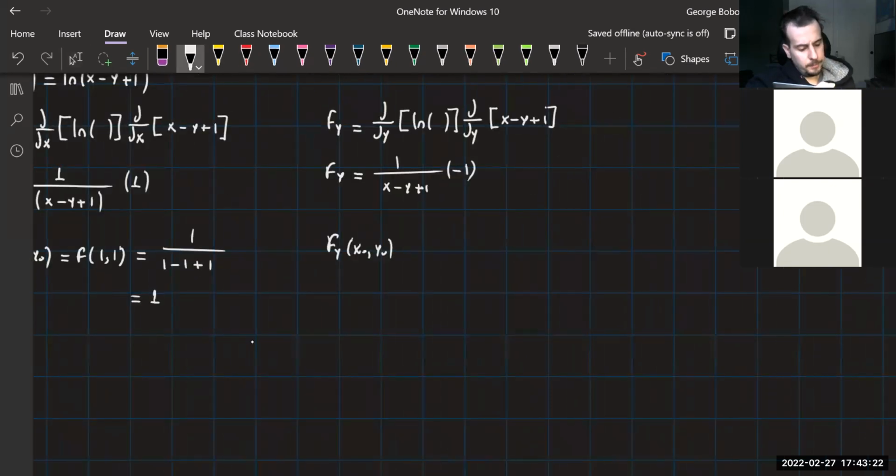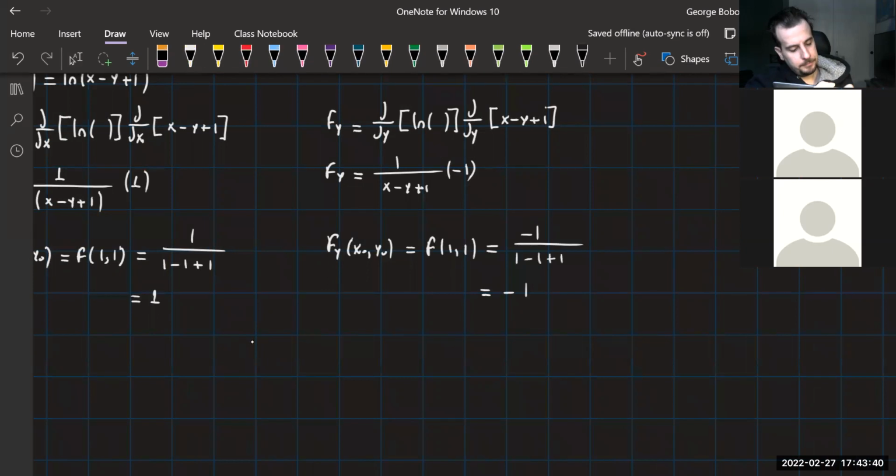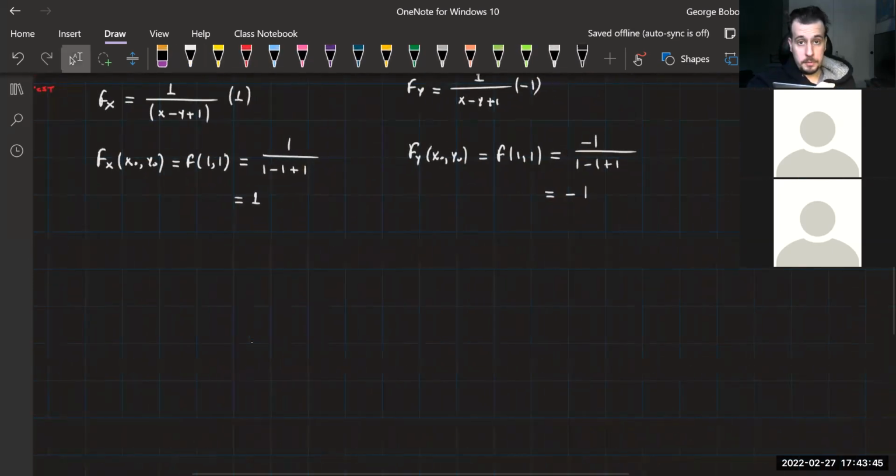The other one, same point again, we chose 1 and 1 to do our approximation, so it is going to be 1 over 1 minus 1 plus 1. Don't forget the negative 1 on the top. So overall we get negative 1 from this. Okay. So we got the value of the derivatives.